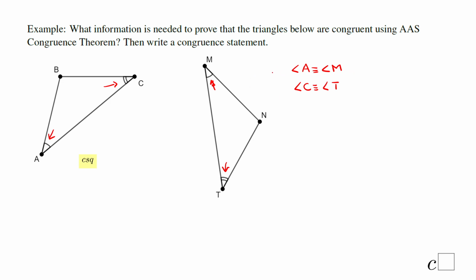Again, you may wanna, if that helps, we have the angle, we have the angle. So we need the side, but not any side. We need one of the sides, and we have two choices here. We can say BC congruent to NT. That will be option 1.